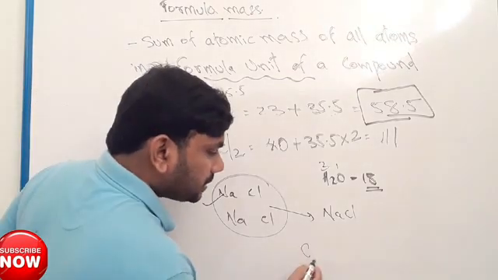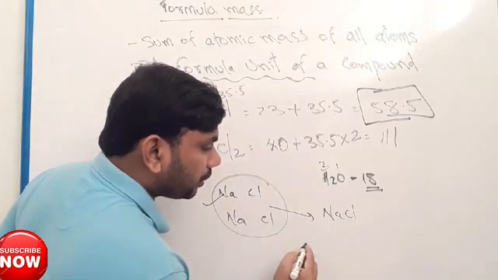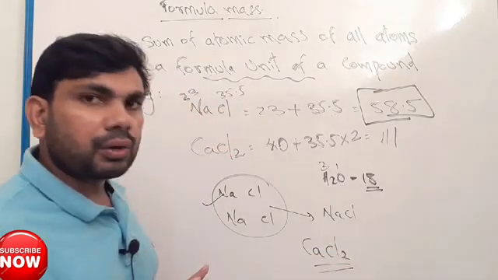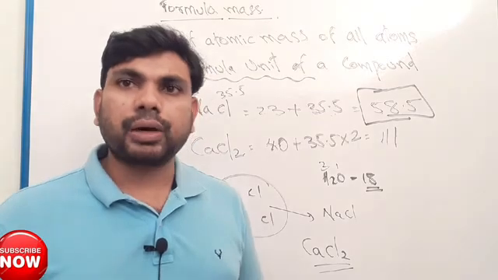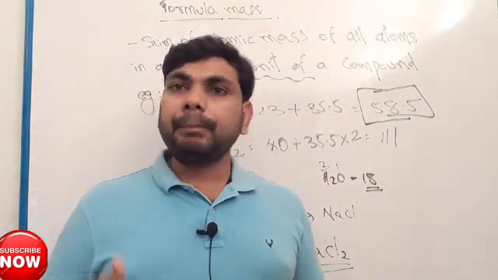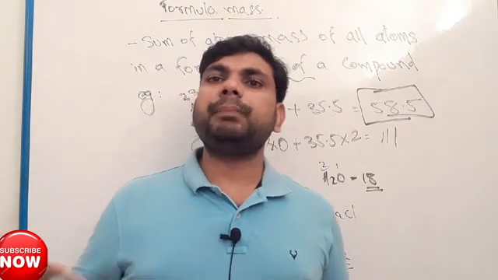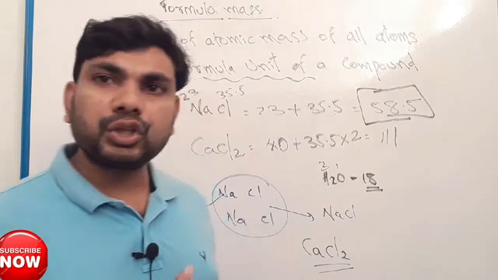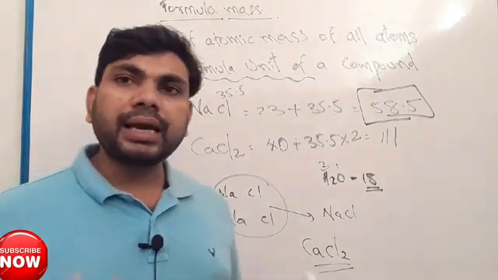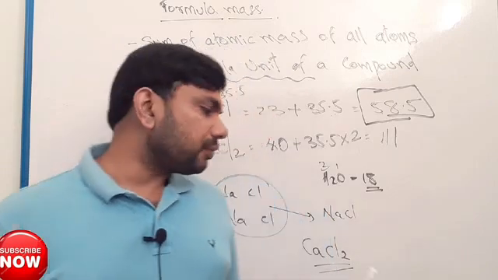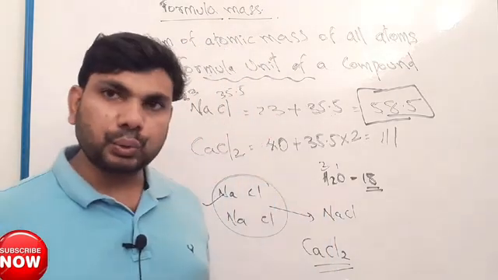Another example of this type of compound is calcium chloride, CaCl2. When you take one molecule of calcium chloride, CaCl2 repeats many times. So we do not say molecular formula of calcium chloride is CaCl2; we say formula unit of calcium chloride, CaCl2. Why?